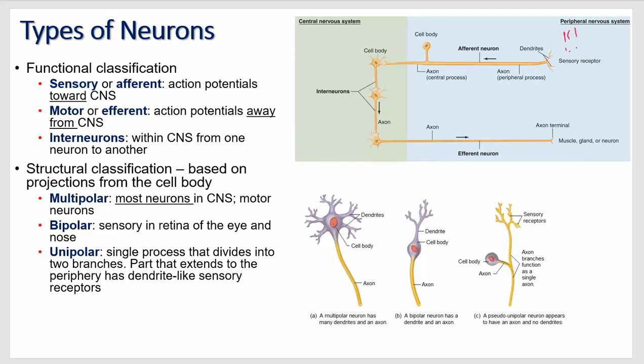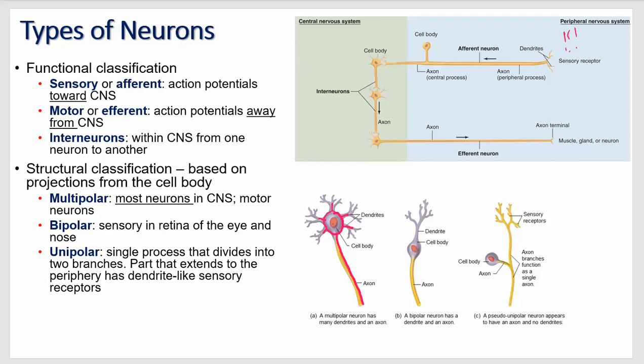All right, and then structural classification. We have multipolar, which includes most neurons, and they have more projections out from the cell body. If you're trying to figure out whether it's multipolar, bipolar, or unipolar, multi means many. In every case, look at the cell body and say how many projections are coming out from it. There are multiple projections coming out of the cell body in this one: one axon and then a whole bunch of dendrites.